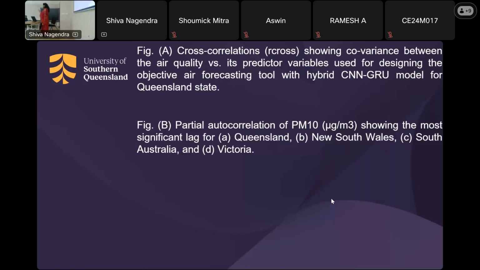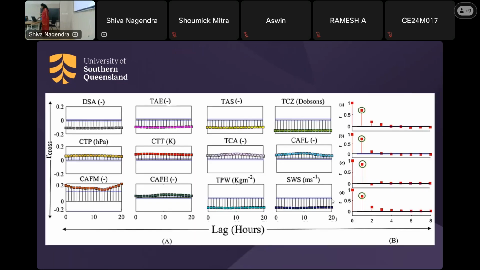Suppose I want to forecast nitrogen dioxide. That becomes my target variable, and all the 29 other variables become my predictor variables. So I perform cross-correlation, which I think you might also be doing, between the variables, and then I see whether it is significant or not significant. Also, I do partial autocorrelation, which comes here.